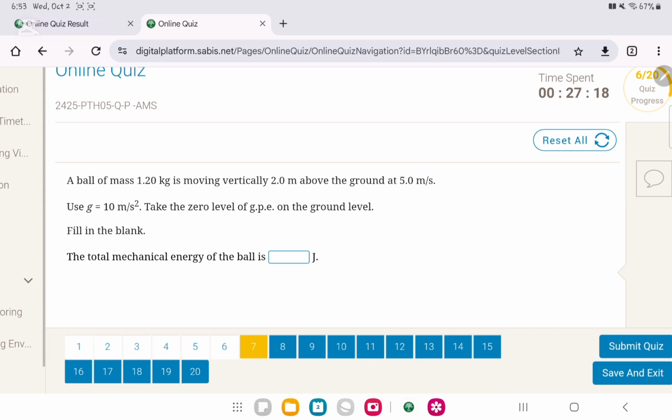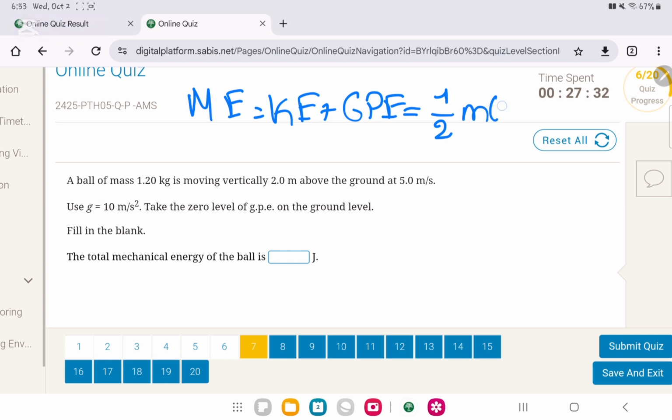So again, I will repeat it. We have mechanical energy is equal to kinetic energy plus the gravitational potential energy, which is 1 over 2 mv squared, plus or minus mgh.